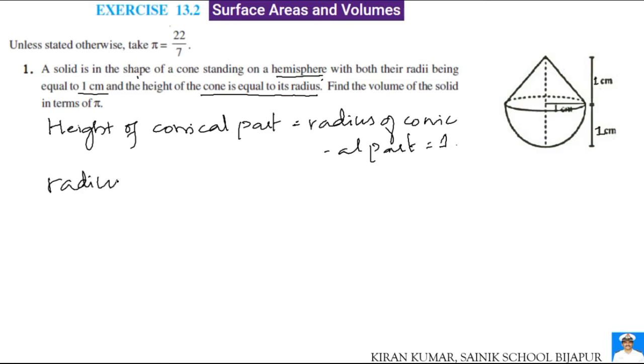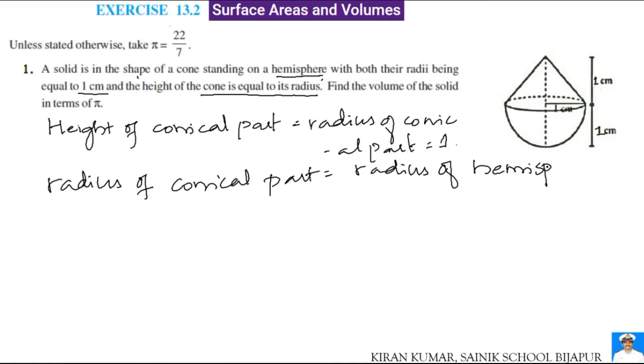The radius of conical part is same as the radius of hemispherical part, and that is equal to 1 centimeter.